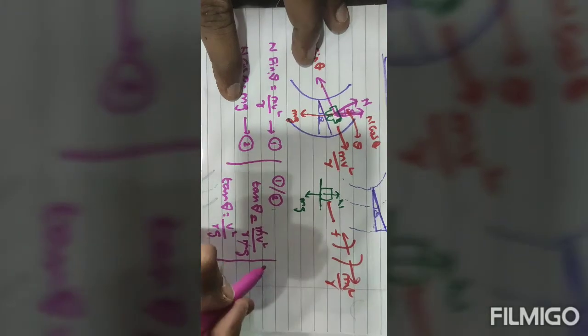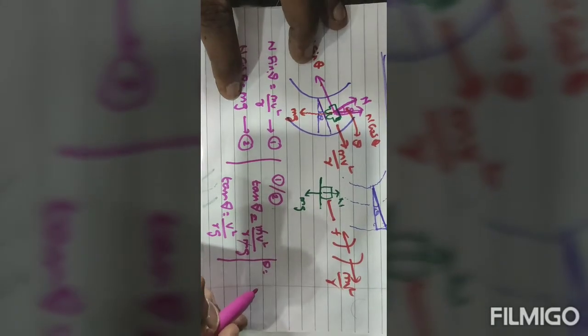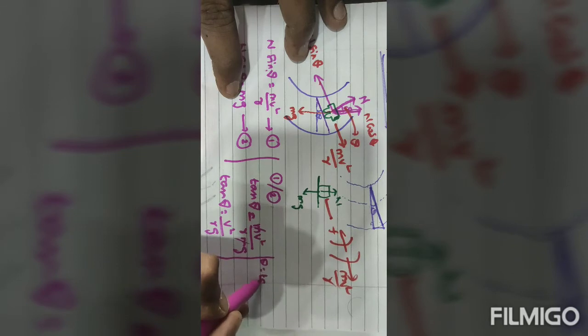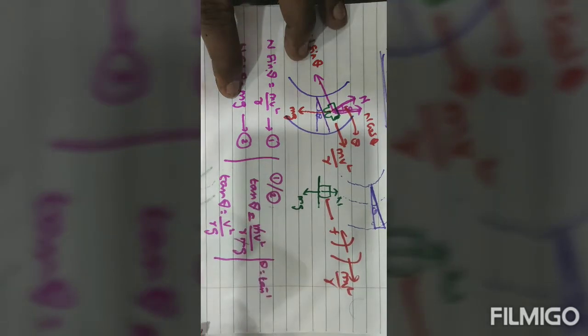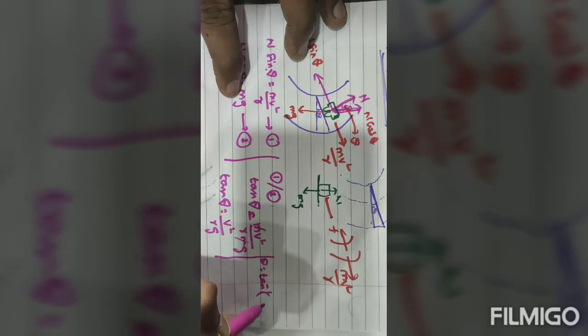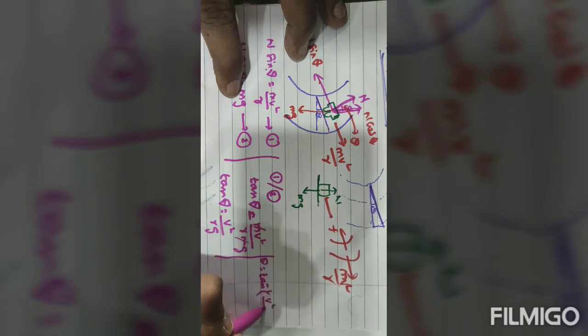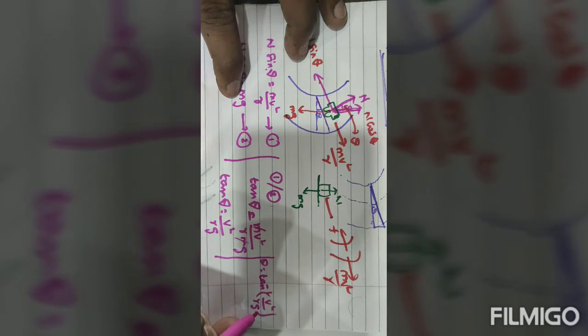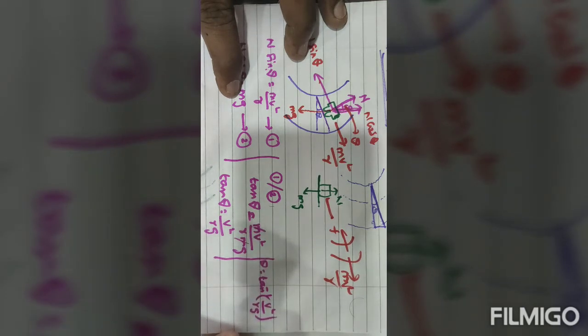Therefore theta is equal to tan inverse of v squared divided by rg. So this is the angle.